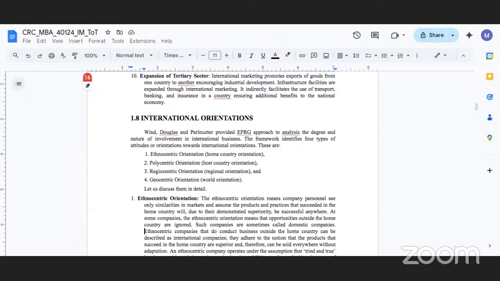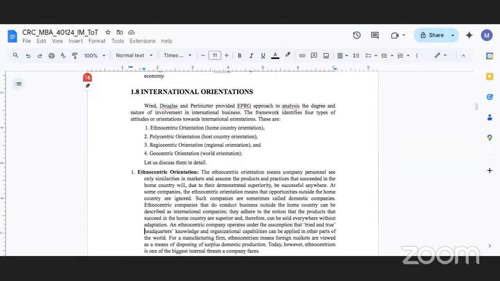Second one is polycentric orientation, that is the host country orientation. We already talked about this when you're moving from stage one to stage two and so on. The third one is regiocentric orientation, that is regional orientation. And the fourth one is geocentric orientation, that is the world orientation.